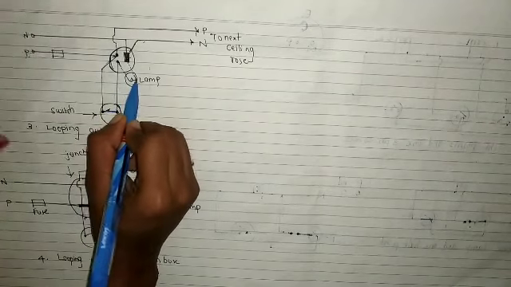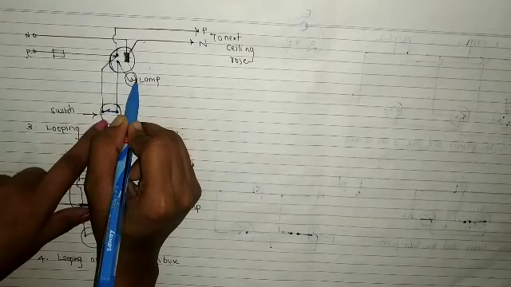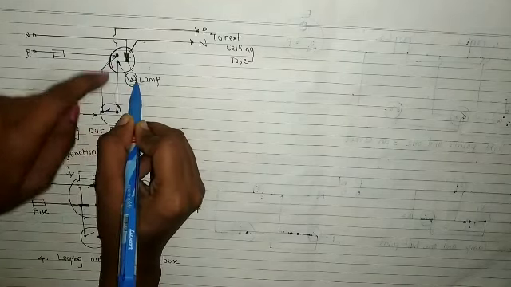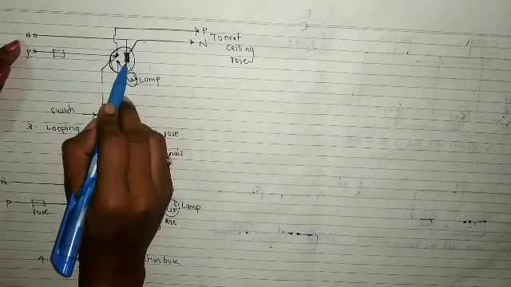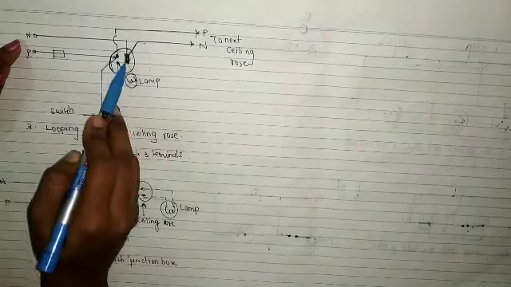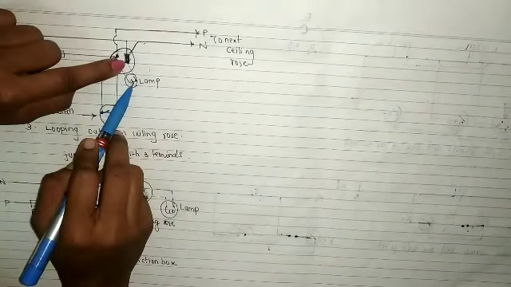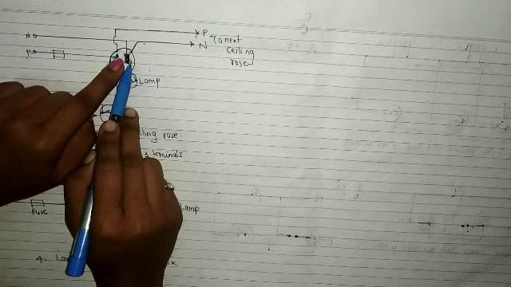Okay. So the phase is not given directly to our appliance. It is given to the switch and then to the appliance. Okay. This is about phase. And for neutral, what have we done? We have given it to the connector. Okay. So this is the connector we have given to the neutral and this is given to the lamp. And from here itself, what are we doing?